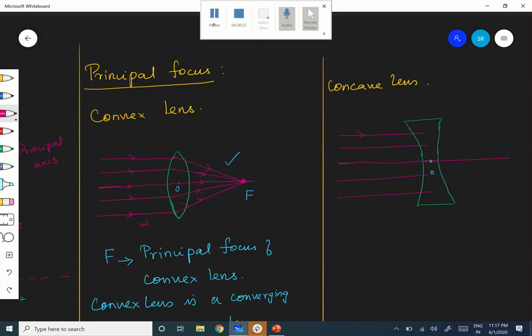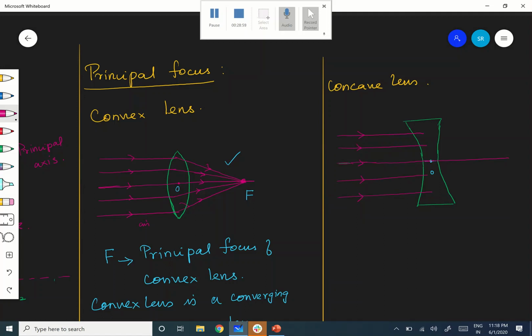These are all light rays parallel to the principal axis, which after refraction by a concave lens will appear to diverge from a point lying on the principal axis. Okay, and that point is called the principal focus of the concave lens.